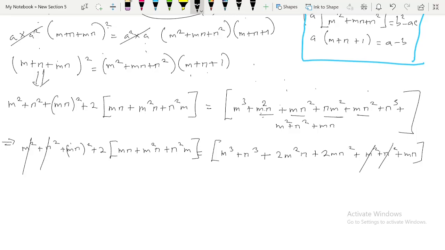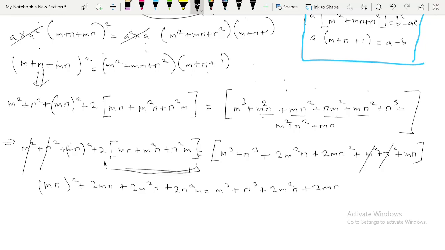Then we have mn all square plus 2mn plus 2m square n plus 2n square m is m cube plus n cube plus 2m square n plus 2mn square plus mn, right?